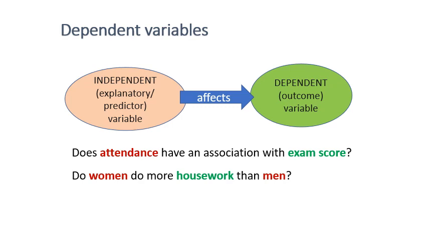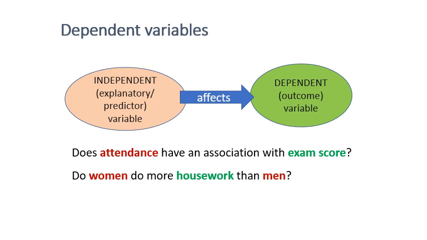Regarding the research question, the explanatory variables are thought to have an effect on the dependent variable, and the distinction between the two is important when you carry out your statistical analysis. For example, if you were investigating the relationship between attendance and exam score, the independent variable is the attendance, while the dependent variable is the exam score.